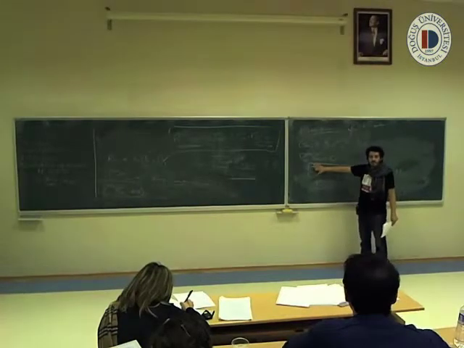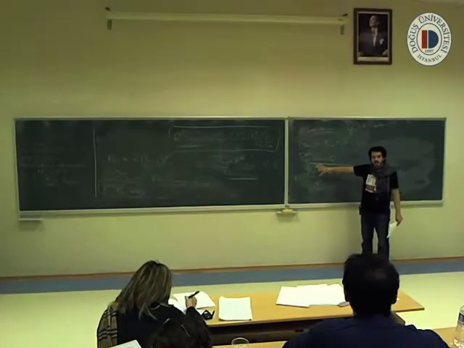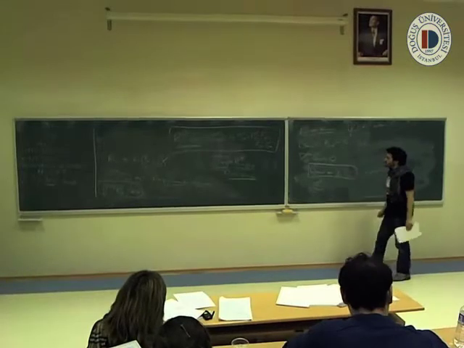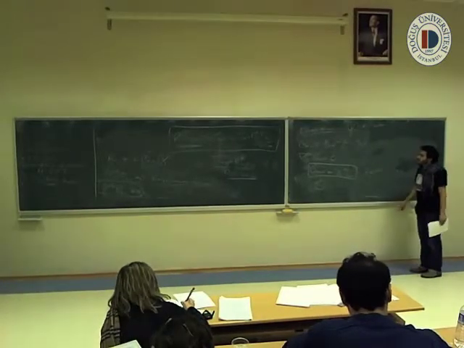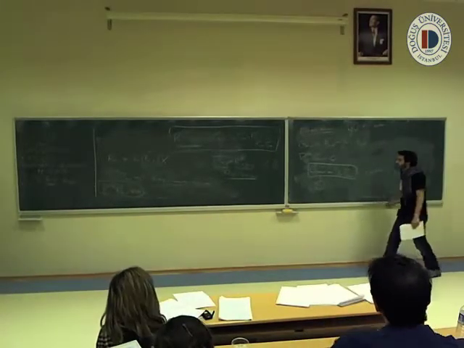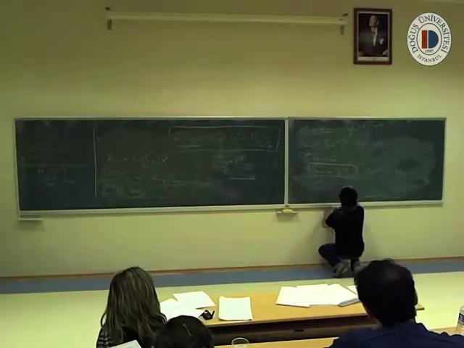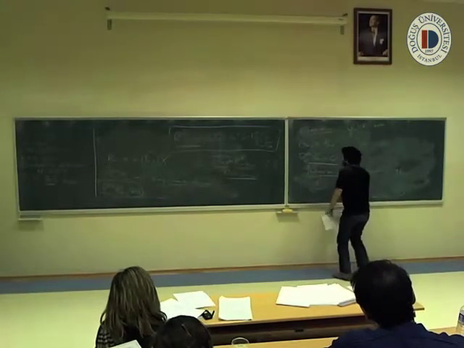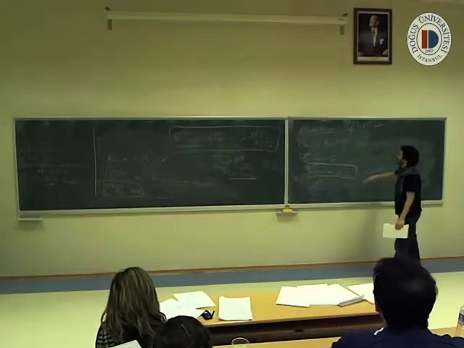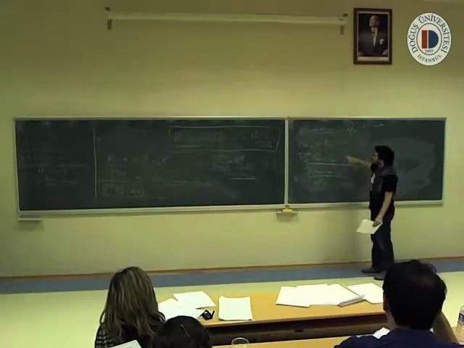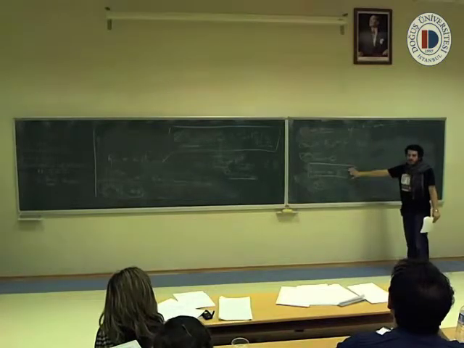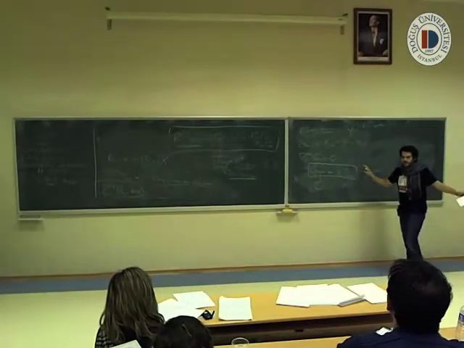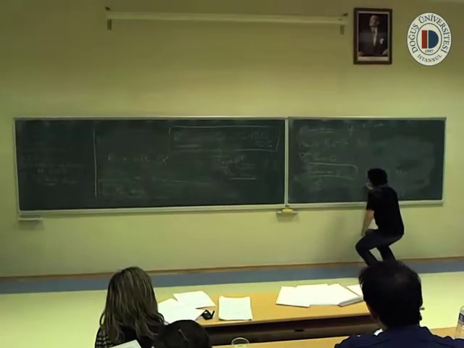This is still a non-trivial equation, so you can still have some non-trivial solutions. Flat space is an obvious solution, because in flat space this side vanishes. There is no curvature, this is 0, and there is no mass distribution, so 0 equals 0. It's a trivial solution.